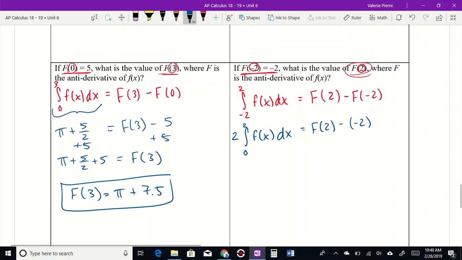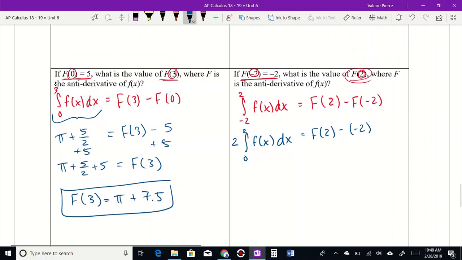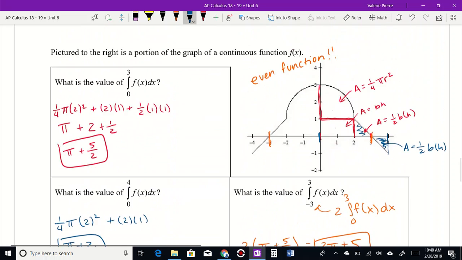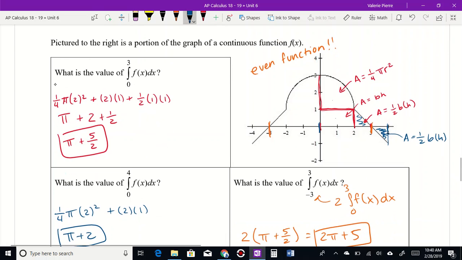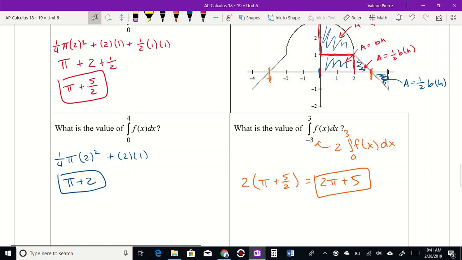So now we're going to try to find the area from 0 to 2 of our function. So from 0 to 2, if we look closely, is just, again, the quarter circle and the rectangle, which we found down here. So that was pi plus 2.